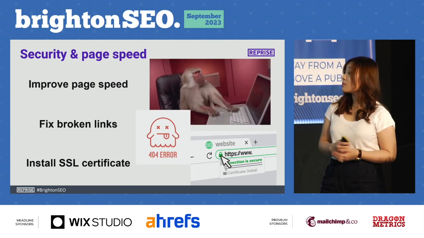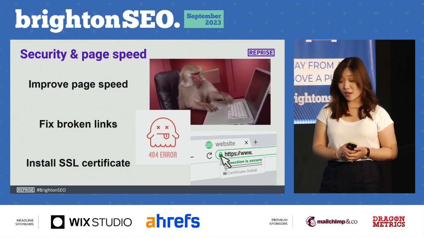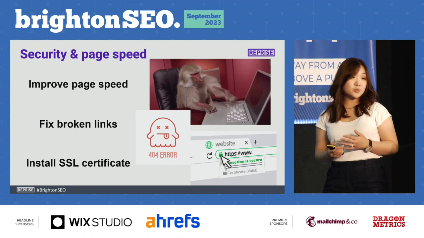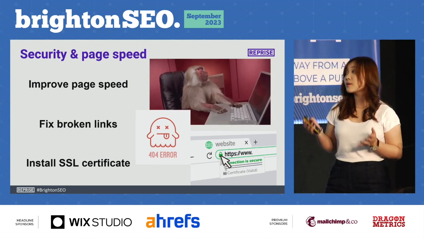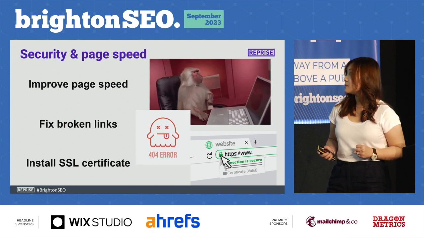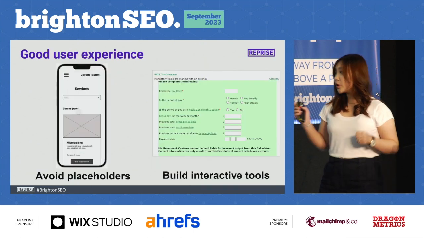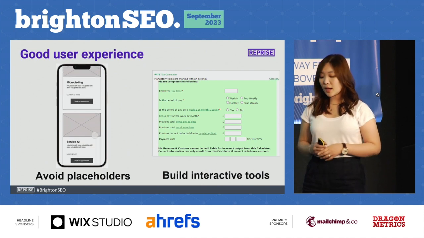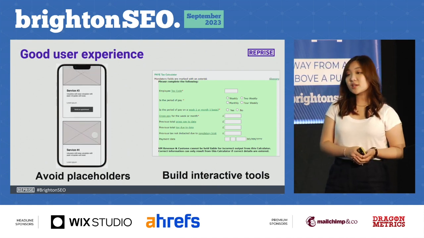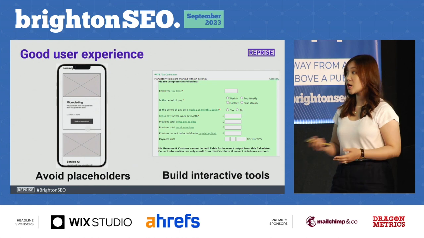Lastly, you should install an SSL certificate, because customers would then know all the sensitive information is stored and retrieved securely. To build good user experience, there are 2 more things you could think about other than improving your site navigation or customer journey.